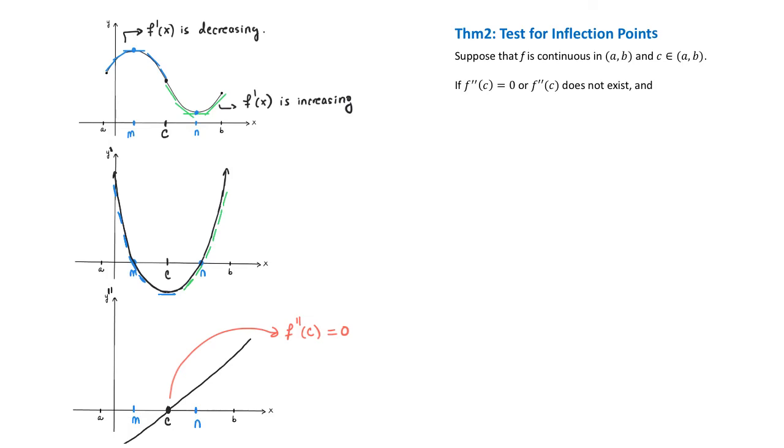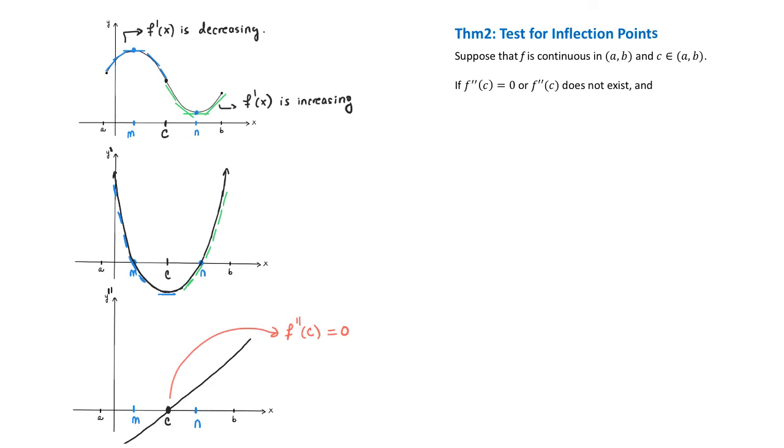This is then a huge realization for us. This is practically hinting that an inflection point happens exactly at a value of x where the second derivative is equal to 0. That means that if we're trying to find those inflection points, we are going to be looking at the second derivative, particularly where the second derivative is equal to 0. And that's going to be over here, part of that test for inflection points, or that search for inflection points.